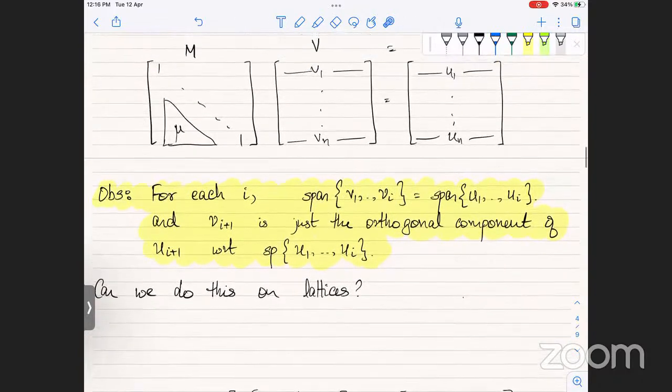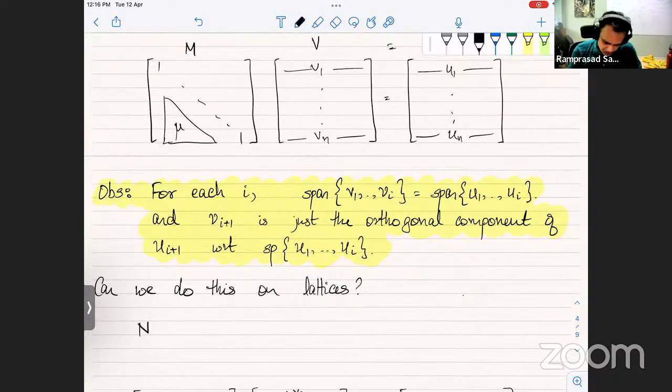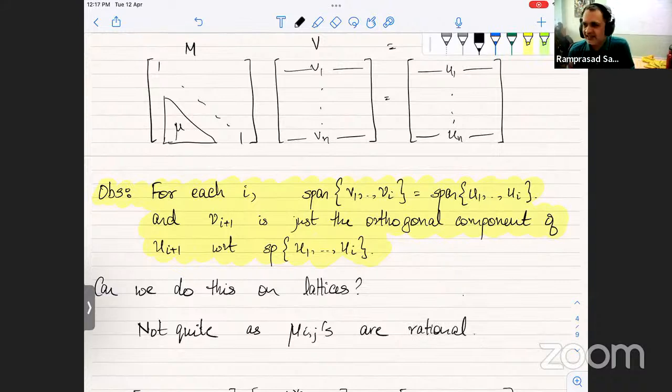Okay, so the question is, can we do this on lattices? The problem is that these mu ij's are rational, and very likely they're not integers because you're dividing by various terms.